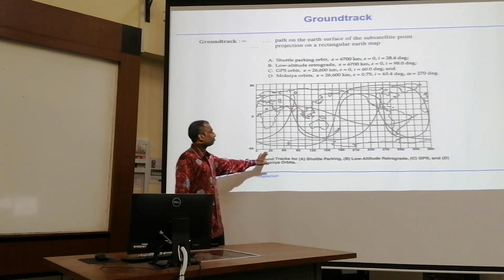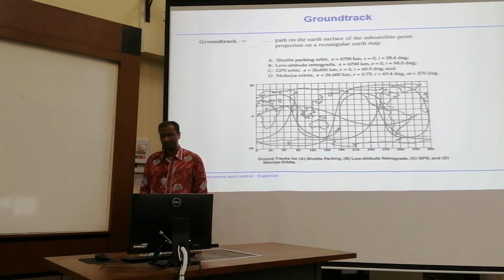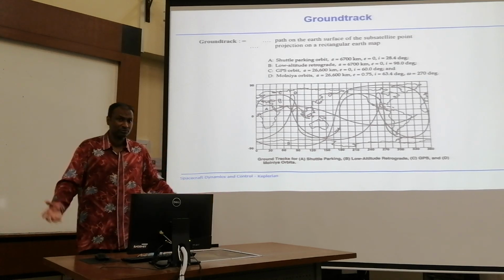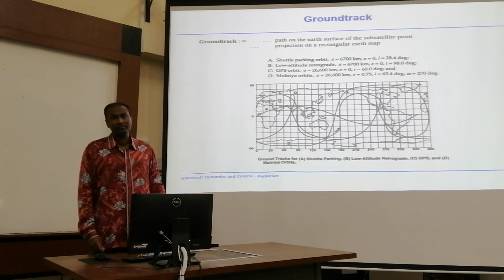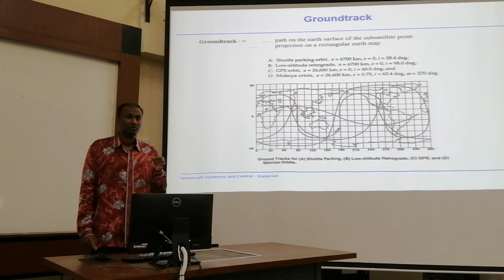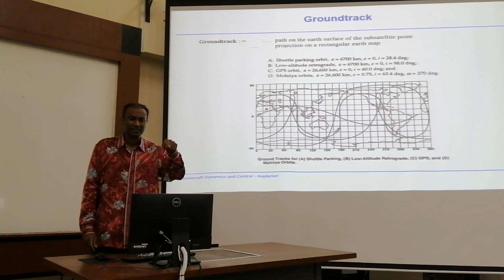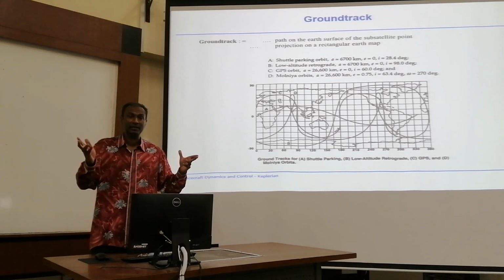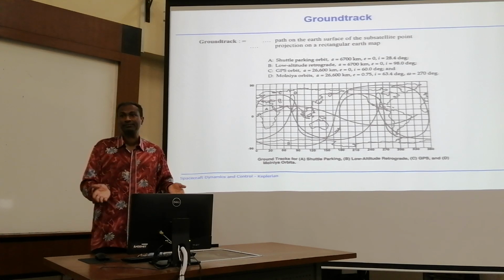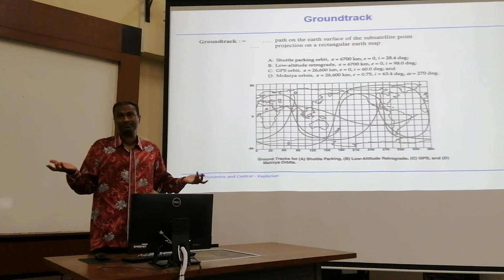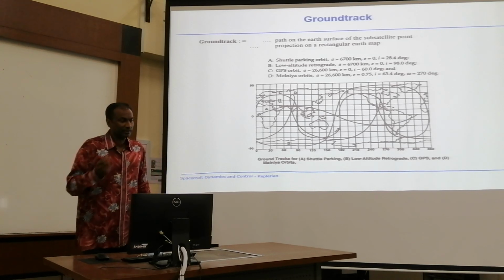In order for us to produce a good ground track, you must do orbit control. Why is the ground track important? Because the ground track tells you exactly whether you are supposed to, let's say, scan Malaysia. You are supposed to pass above Malaysia. If you are not passing above Malaysia, then it's a problem.